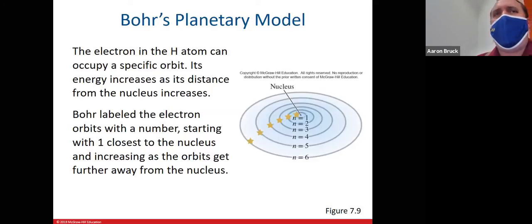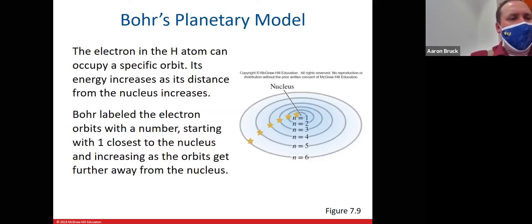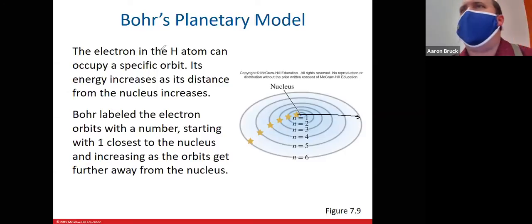And these orbits represent what we call energy levels around the nucleus. So every single orbit has its own energy, and if an electron wants to go from one orbit to another, it's got to add an appropriate amount of energy to do so.